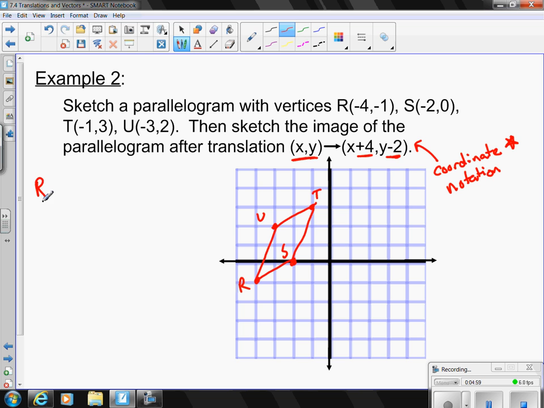So if we look at R, the point -4, -1, we are going to be adding 4 to the x-coordinate, and we're going to be subtracting 2 from the y-coordinate. So we would get 0, -3. So this would be R prime, 0, -3.